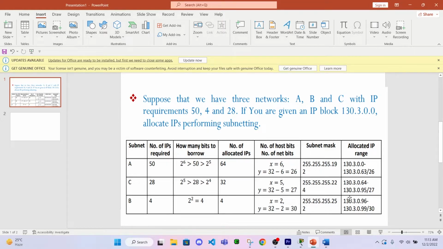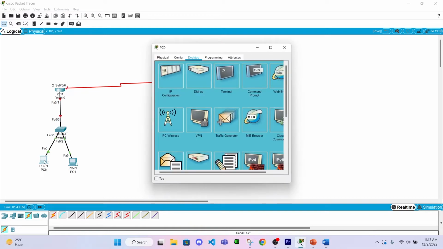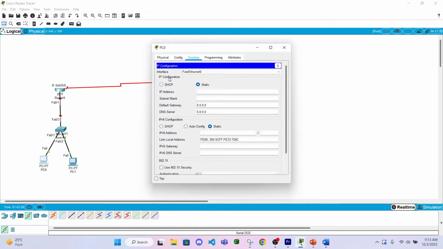In this lecture, we will learn about VLSM. VLSM is a very important topic in computer networks. To know the importance of VLSM, I am showing you the interface for designing a network. When we configure a PC in this network and put an IP address in the PC, let me show you how it works in the IP configuration of this PC.